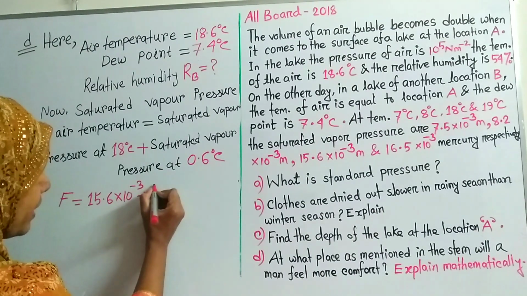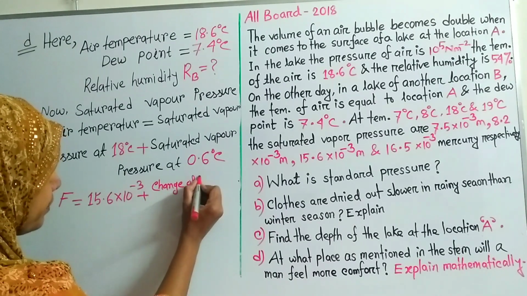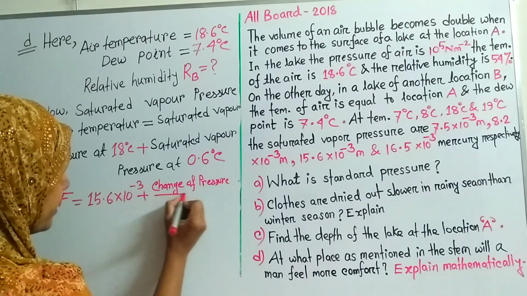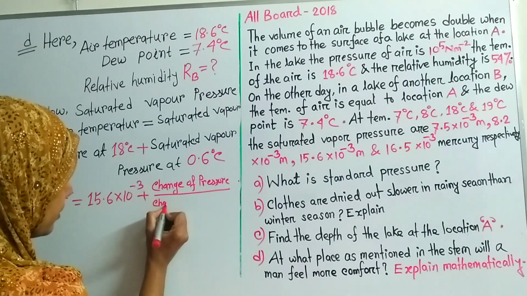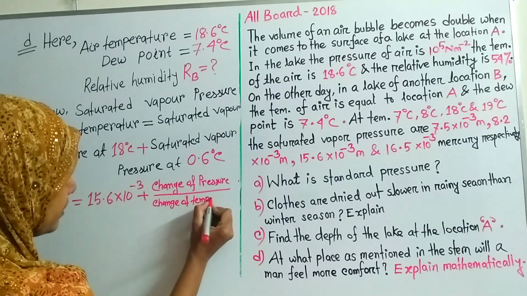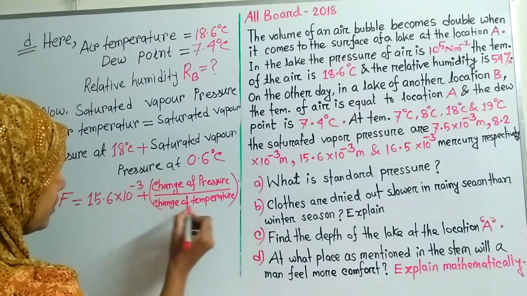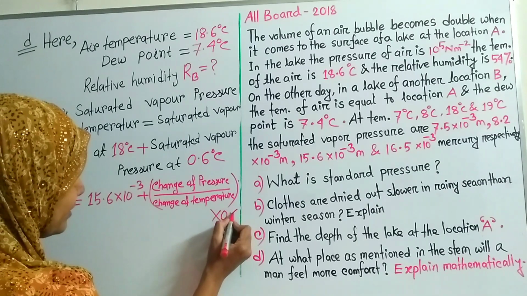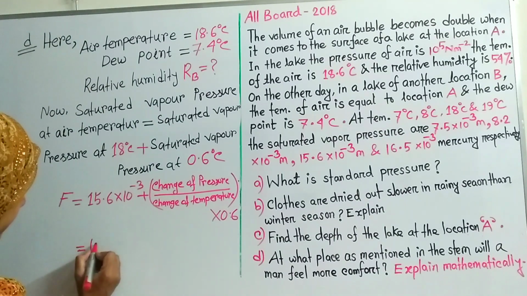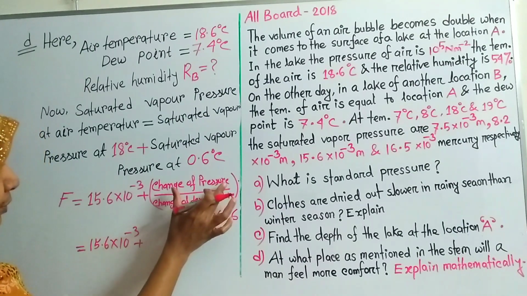We can calculate it by change of pressure by change of temperature into 0.6. Now we can put the information here.